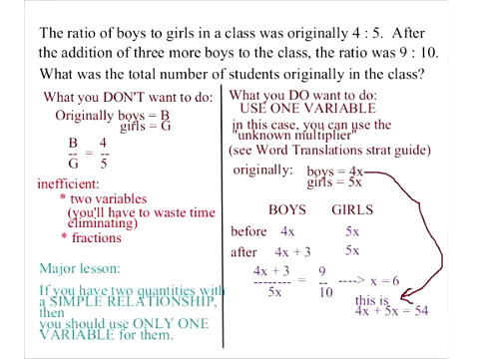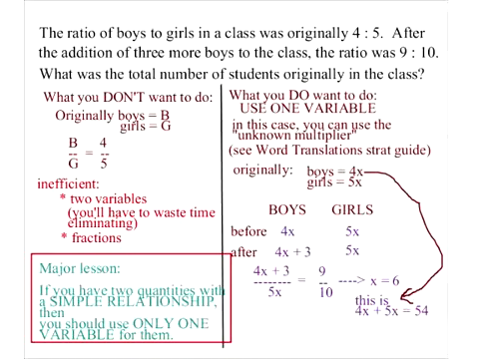This is a huge, huge, huge lesson. Any kind of simple relationship, and we'll have some more examples of this on the next page. But here's the example of the simple relationship in this problem.